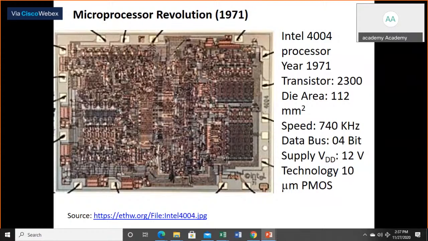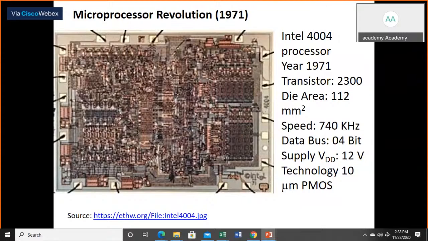It is designed on a micrometer PMOS technology, as you can see from the slides. The data bus width, as I told, is 4-bit. The number of transistors, very important, was around 2300 in the early 1970s.